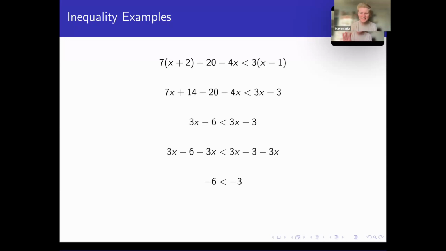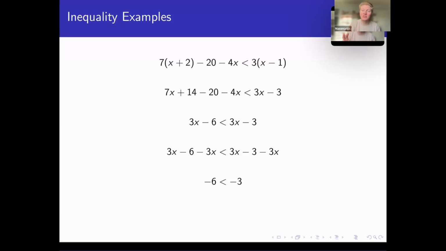Okay, this is kind of weird. Don't forget that when we were dealing with equations, if we got to a point that the statement was always true, 0 equals 0, 2 equals 2, that was the definition of an identity. And likewise, if we got to a statement that was never true, we called that an inconsistent equation.